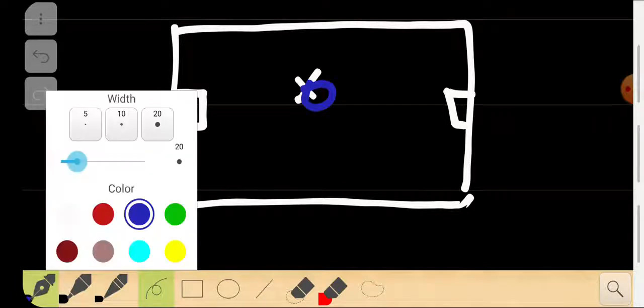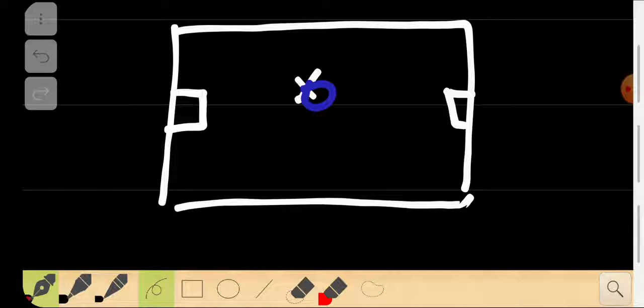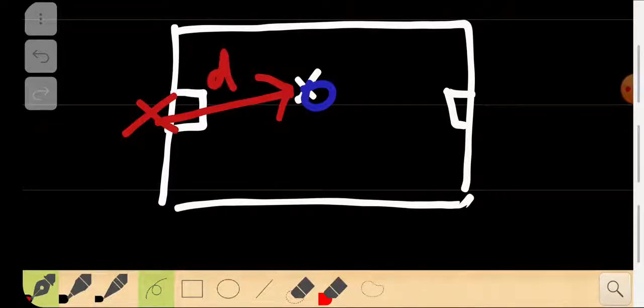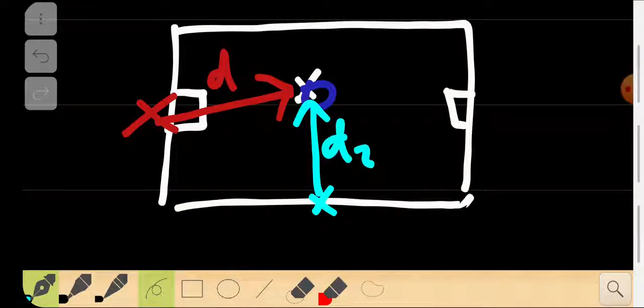Now, if you need to represent the position from, say, a goalpost, the vector you can draw will be some distance, say d. Also, if you have a different point, you can draw another distance, say d2. You know that d and d2 are going to be the same for only one point, right?